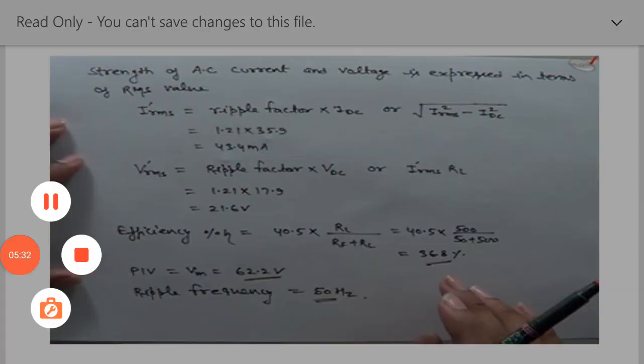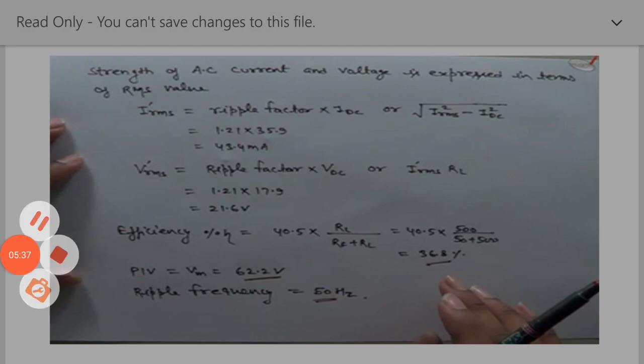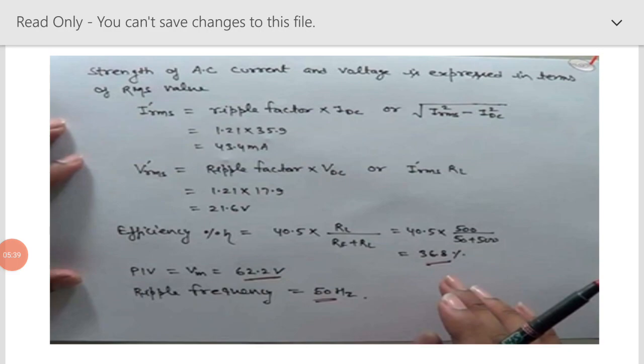The strength of an AC current and voltage is expressed in terms of the RMS value. IRMS is equal to ripple factor into IDC, so it is 1.21 into 35.9, which is 43.4 milliampere.